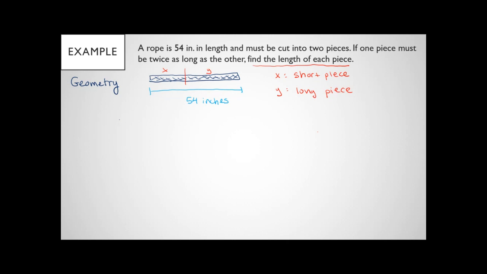A rope is 54 inches in length and must be cut into 2 pieces. So this is one where you may need to reword it. What this is telling us is that when we have these 2 pieces, they add up to 54 inches. So this gives me an equation, x plus y equals 54. So the total length between those 2 pieces needs to be 54 inches.